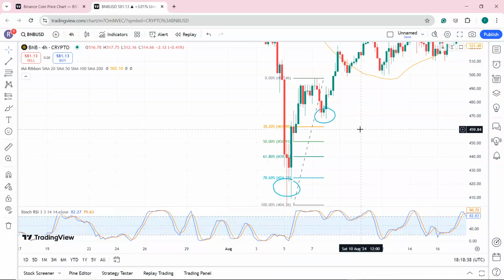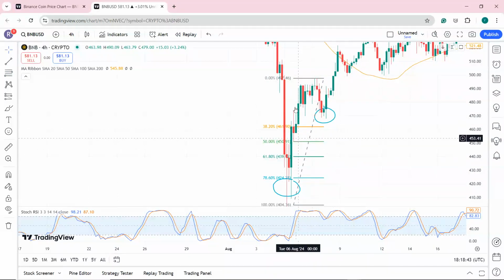Taking a look at this, you realize that the fib retracement does not work around this level. Why? Because the high is very strong. But if you take a look at this place, you will see that this candle touched this 50% exactly before it ran back up.